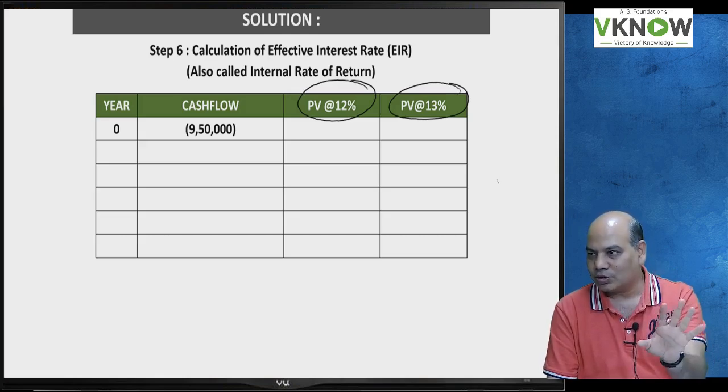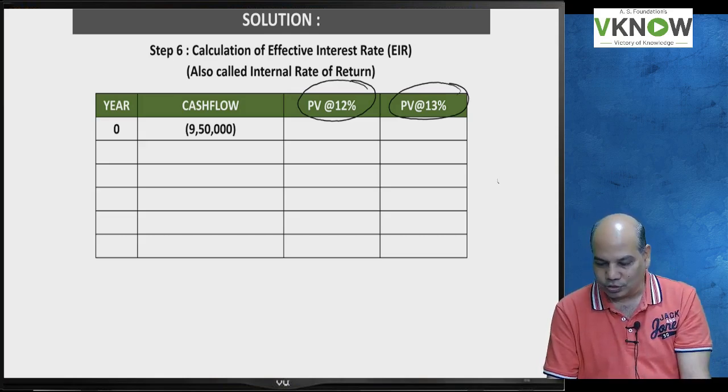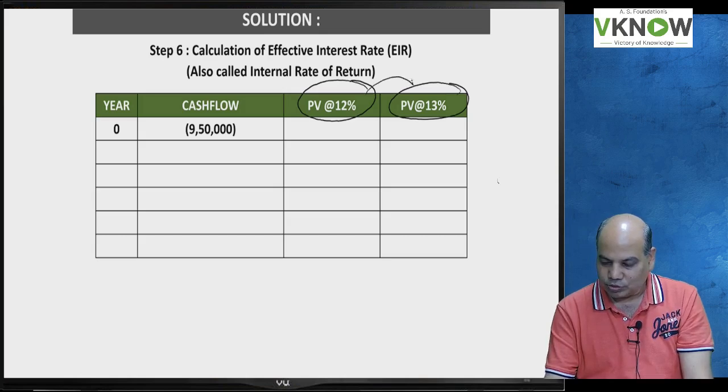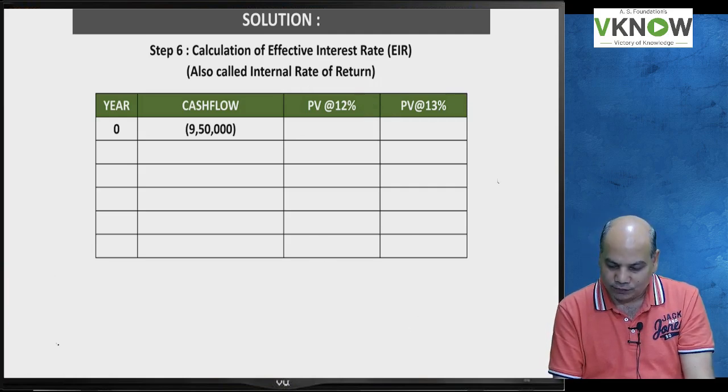If it is 0, that is your answer. If it is not 0, then you have to increase the rate if NPV is positive, or decrease the rate if NPV is negative. That is how usually we do. If you have learned any other method, please go ahead with your method.